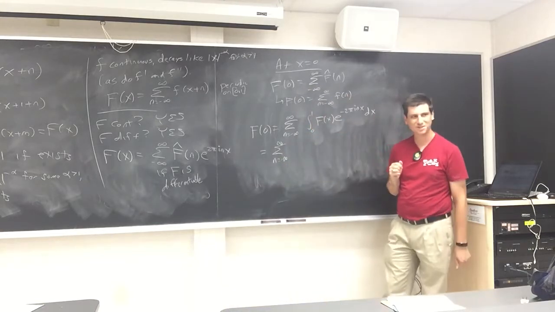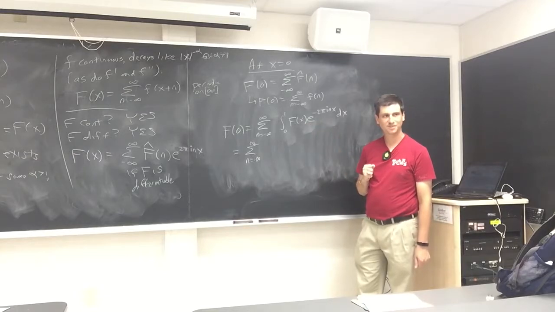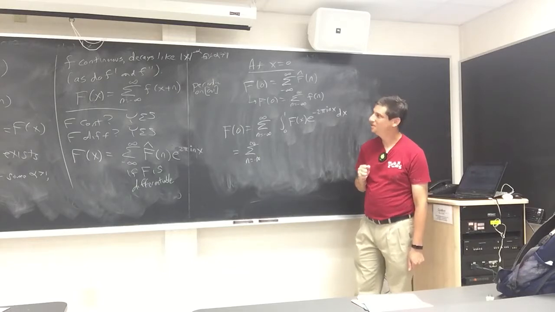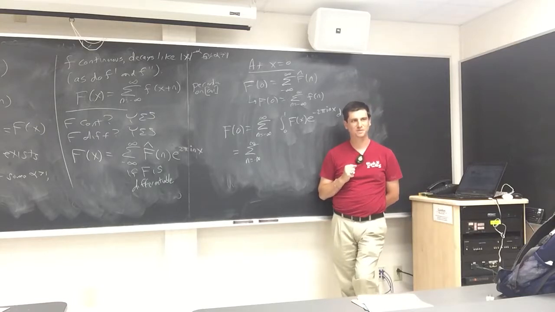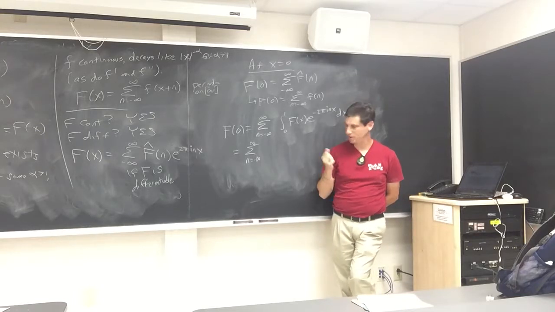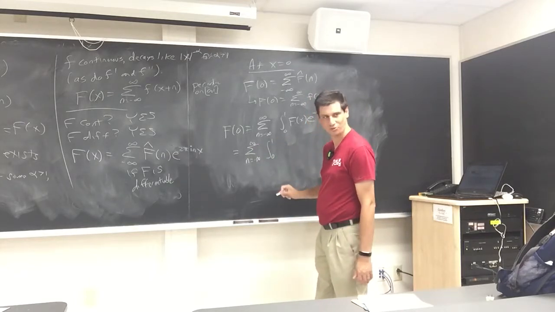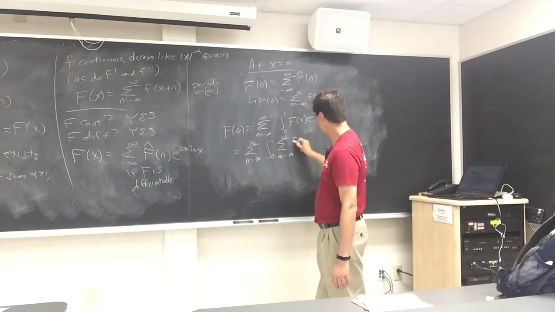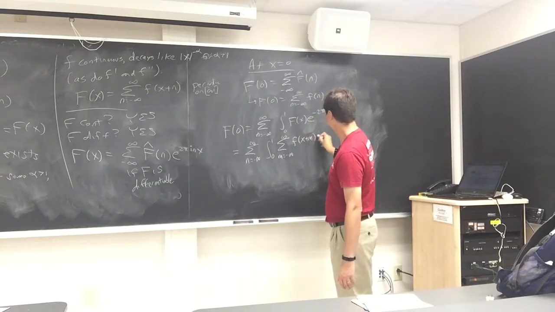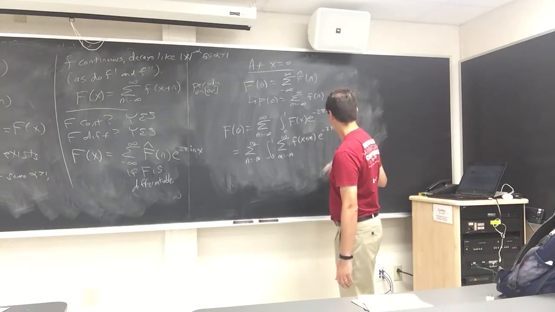Okay, so what does big F of x equal? The sum of little f over x plus n. So can I write it as x plus n? X plus m. Yeah, we have to use a different variable because now we have an infinite sum followed by an integral from 0 to 1, followed by m goes from minus infinity to infinity of little f of x plus m e to the negative 2 pi i n x dx.